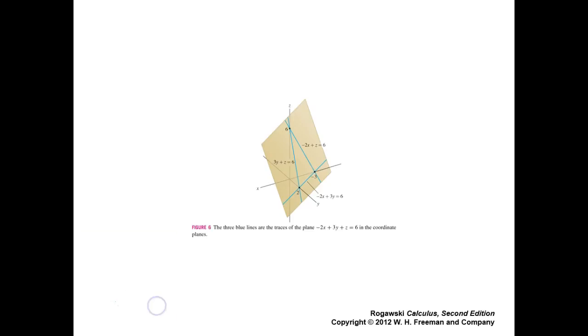I'm trying to activate, there it goes. Okay. What is the equation of a plane parallel to 3x plus 4y minus z is equal to 5? Okay? That passes through the origin.